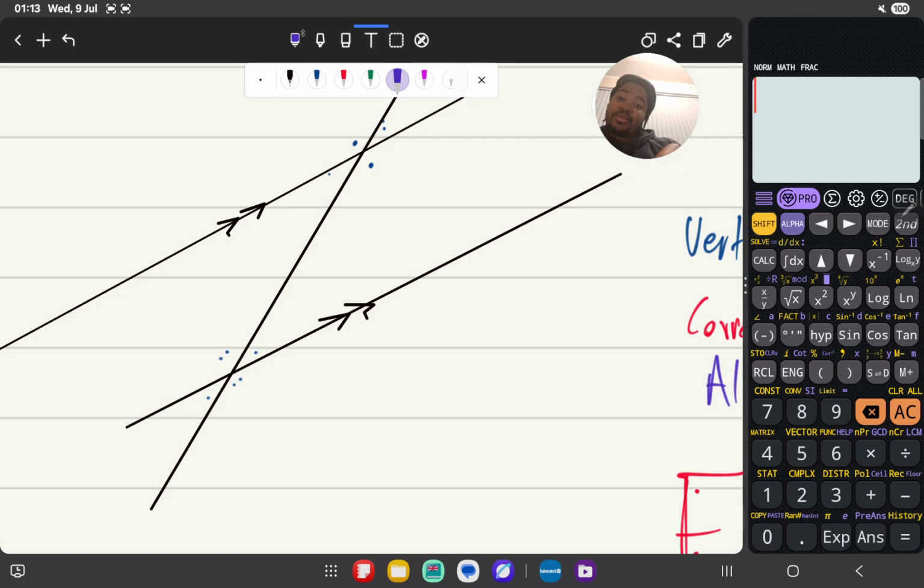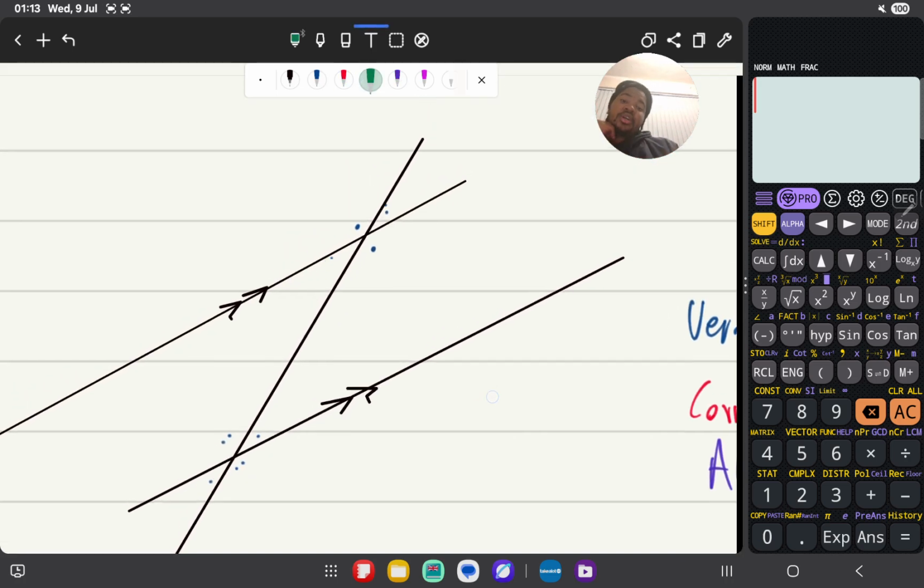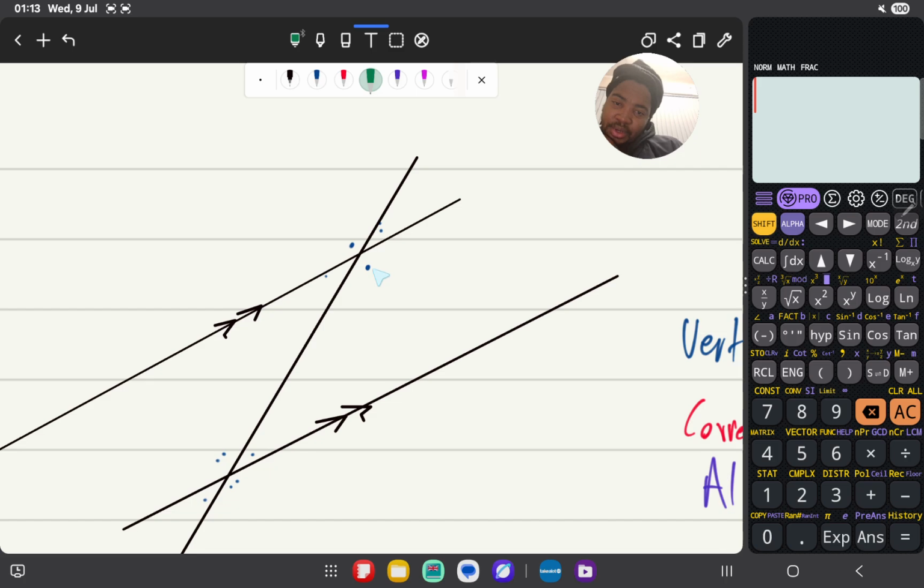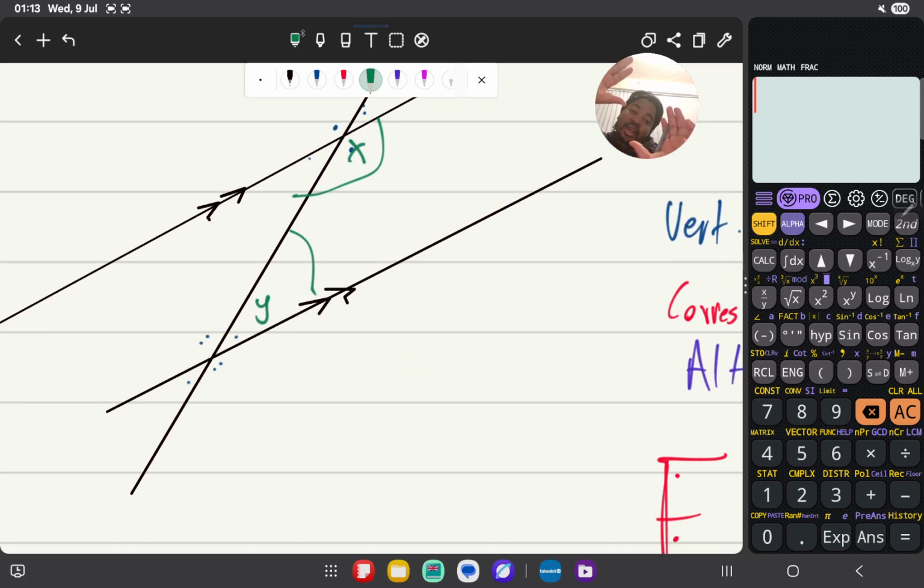One last thing before I close off this section, it's co-interior angles. So you see, let me call this angle X, and let me call this angle Y. So you see, if we have parallel lines, and then those parallel lines are cut by a straight line, then it forms these two angles on the inside.